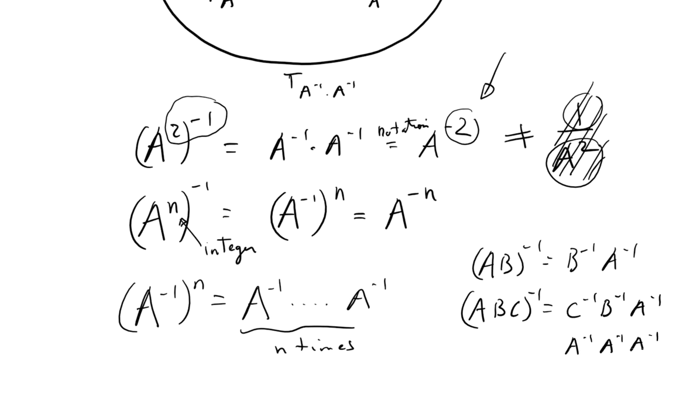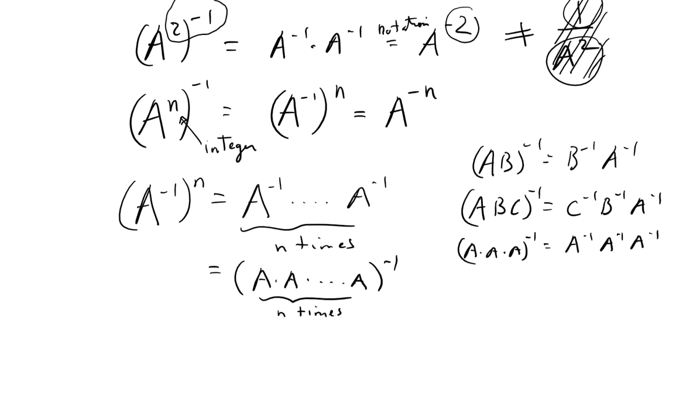A to the minus 1 is A times A times A to the minus 1. So if you have three A to the minus 1s, you can regroup the A's together, multiply them, and raise that to the minus 1. So if I have it n times, it's basically A times A times A to the minus 1, with A's multiplied together n times.